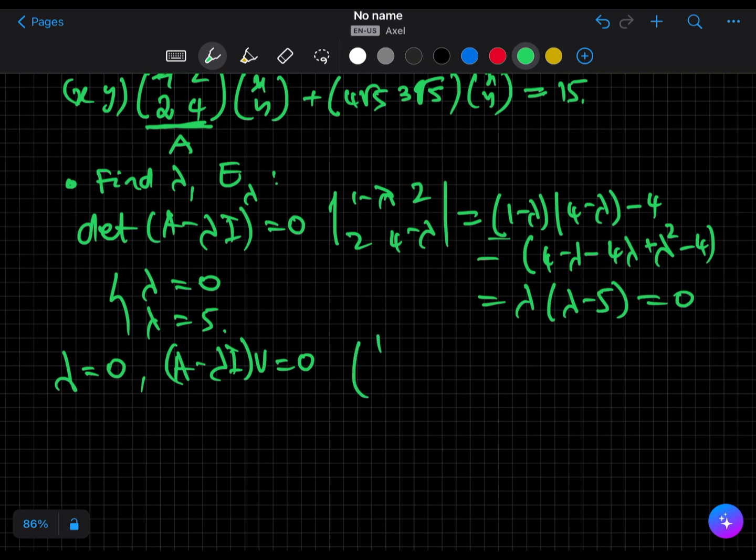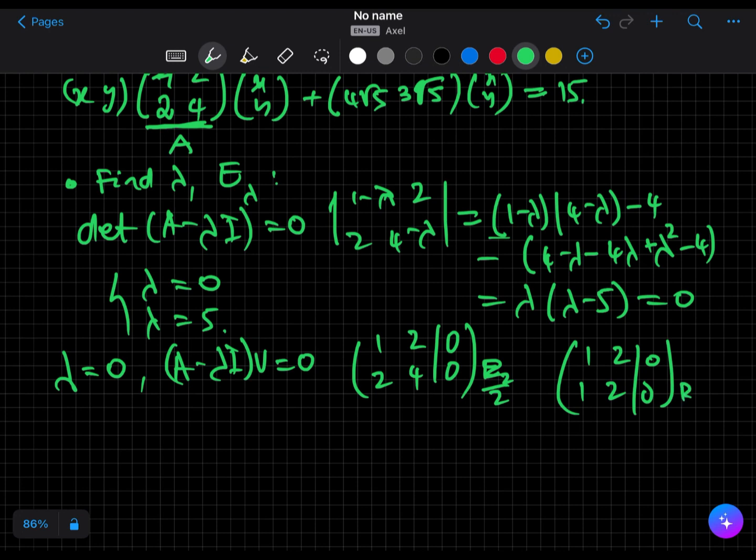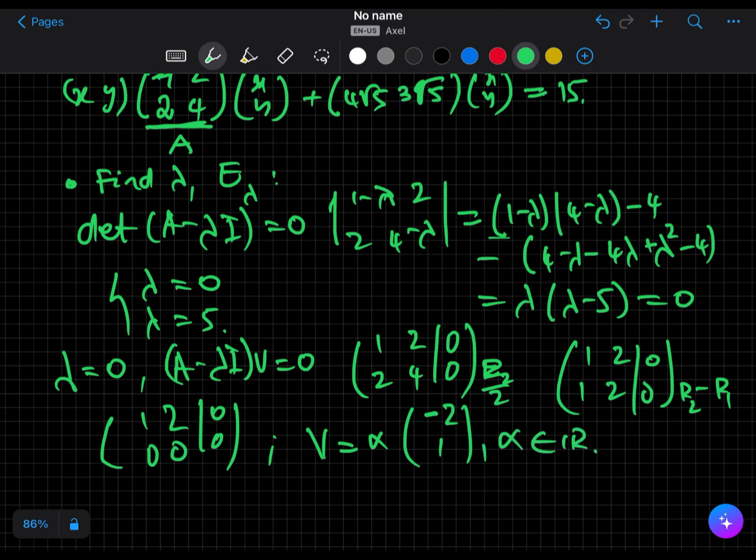This will give me, if I write it in the augmented matrix form and do the reduction, I simplify the second row by 2. I will have 1, 2, 1, 2. And if I do R2 minus R1, this will give me 1, 2, 0, 0. Therefore, it means that my vector will be any scalar alpha of (minus 2, 1), with alpha belonging to R.